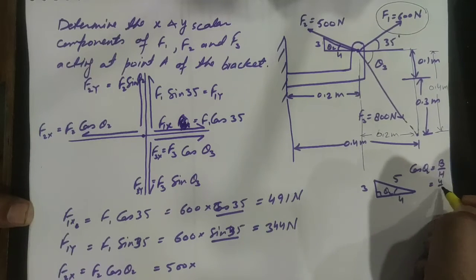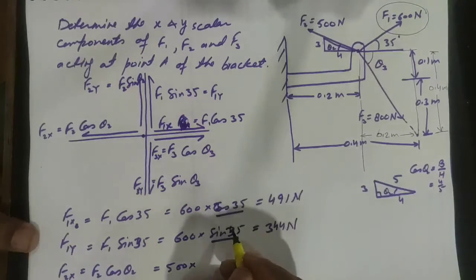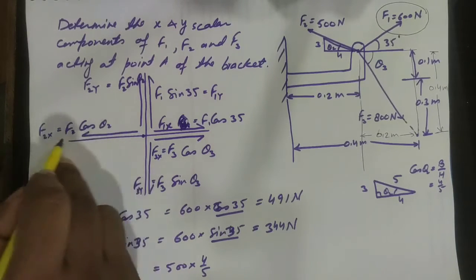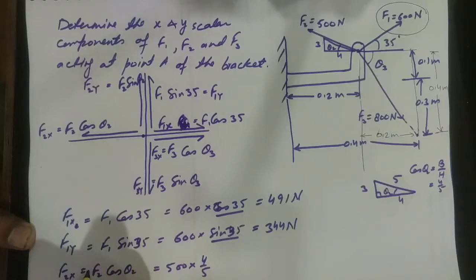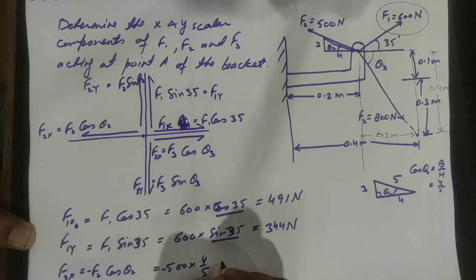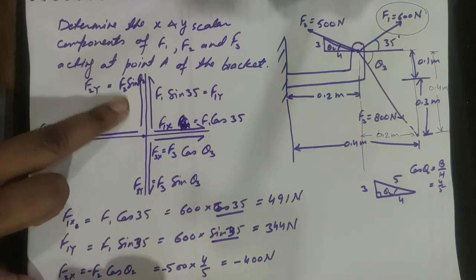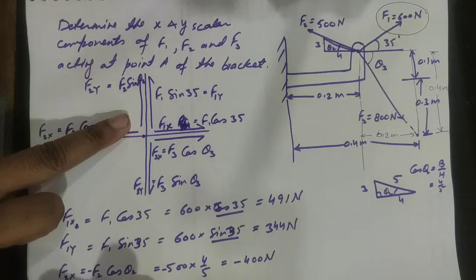This is 4 upon 5. See, this is the minus x direction, so that will be negative. So the answer will be minus 400 Newton. So F2y, this is the positive y direction, is F2 sine theta 2.